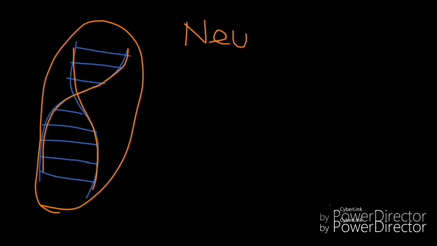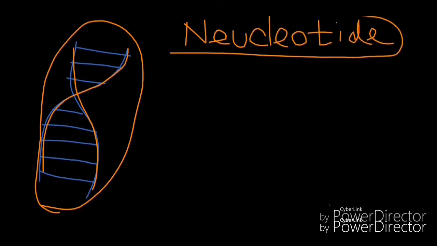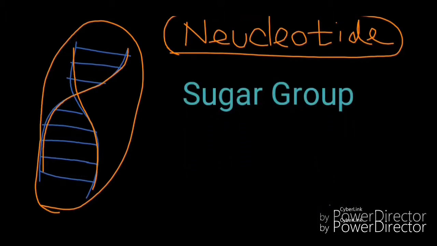This nucleotide molecule has all the components needed to make up DNA, or deoxyribonucleic acid. The nucleotides contain three things: a sugar group, a phosphate group, and a nitrogen base.